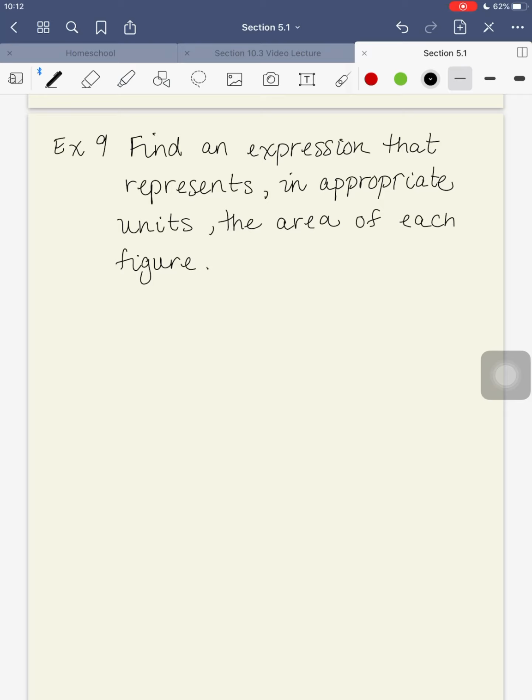Okay, so we want to find an expression that represents in appropriate units the area of each figure. So the first one is a rectangle, and one side measures 6x to the 4th and the other side measures 5x cubed.